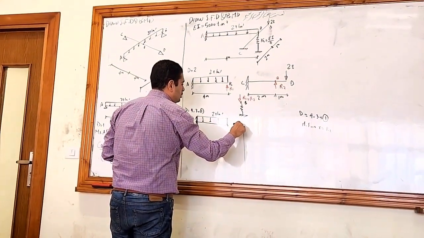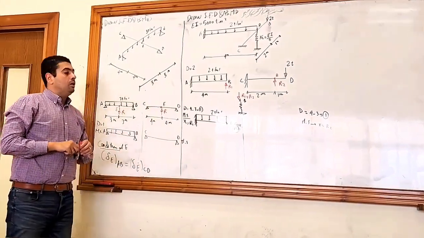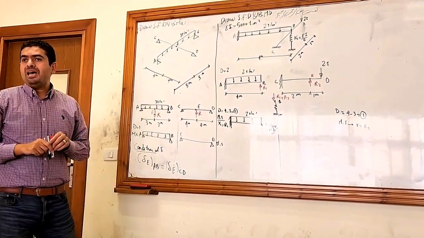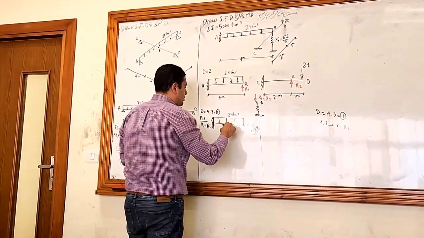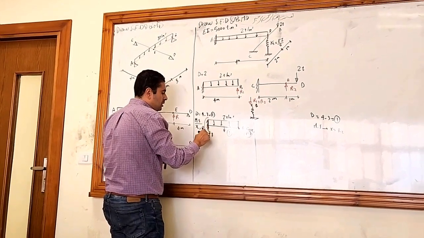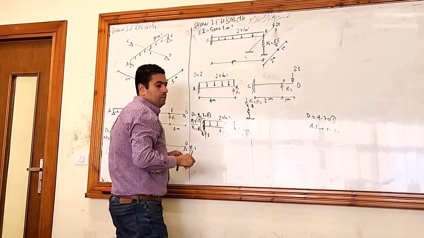This is the M-naught case, or the main system. Let's calculate the reaction to draw the bending moment, called M naught. Here 2 times 4 is 8, so this reaction will be 8. And what about the moment? It will be 8 times 2, which is 16.